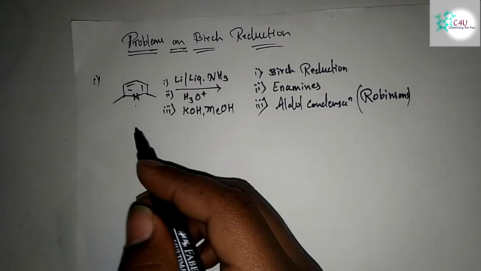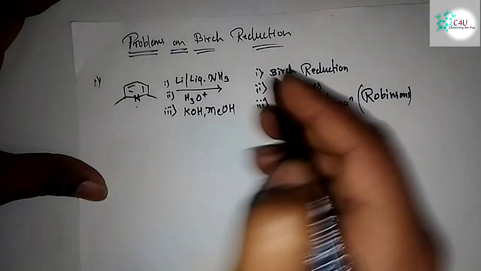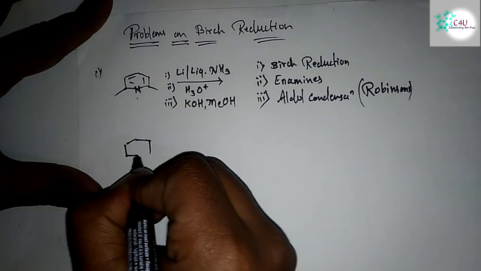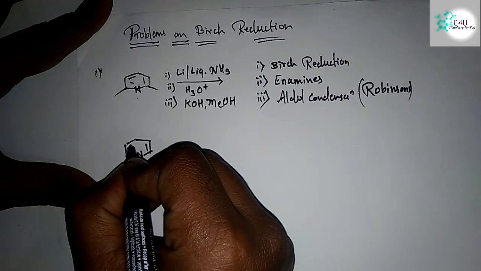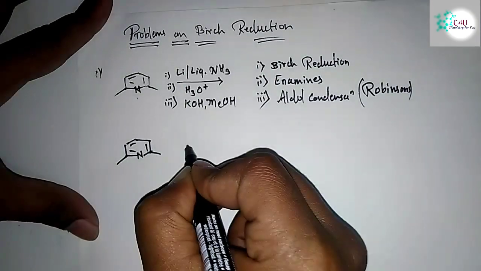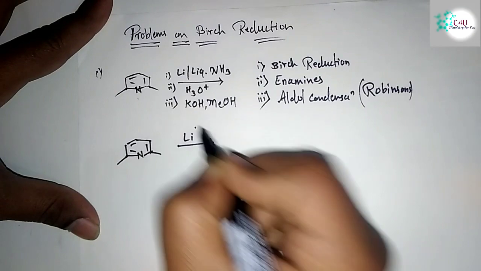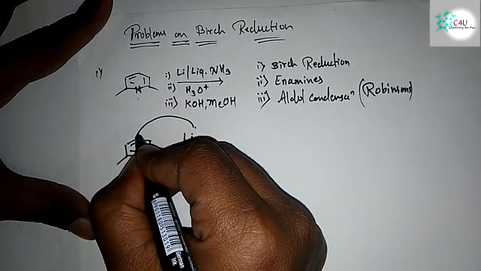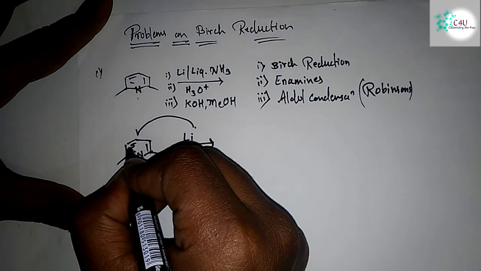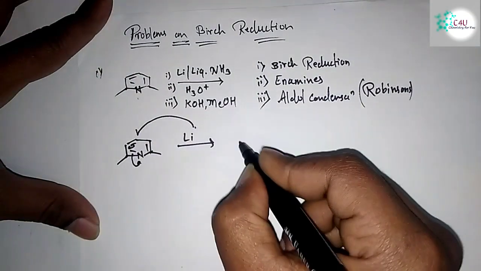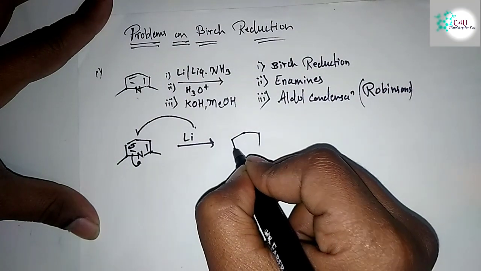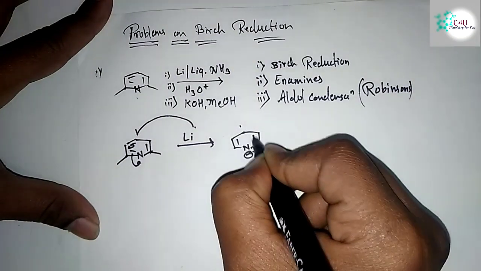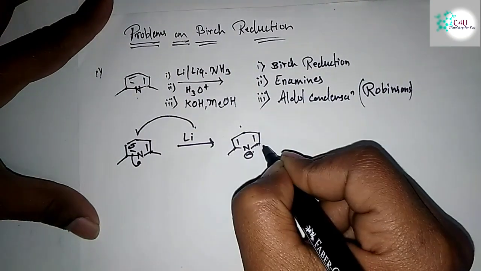So let's start. You know the regioselectivity of Birch reduction. I'll write it here first. The pyridine with two methyl groups, lithium comes with one electron, and this electron approaches this carbon so that a negative charge, that means an anion, can be formed on the nitrogen, which is the most stable form of all resonating structures of this pyridine.